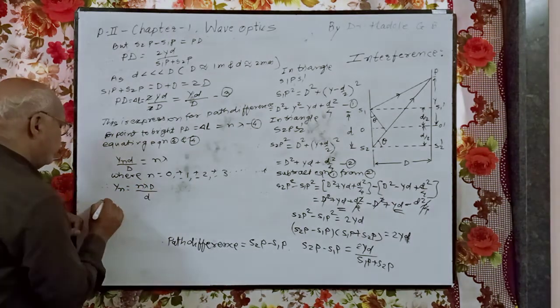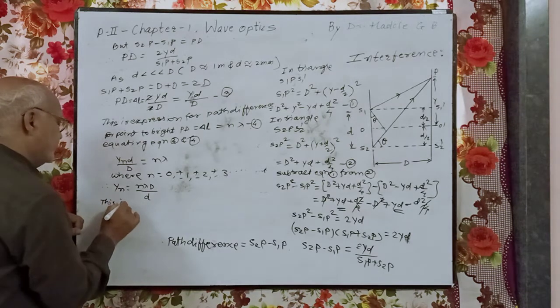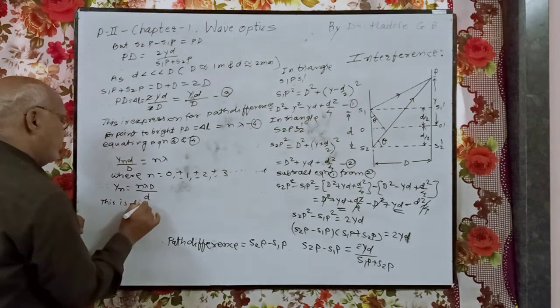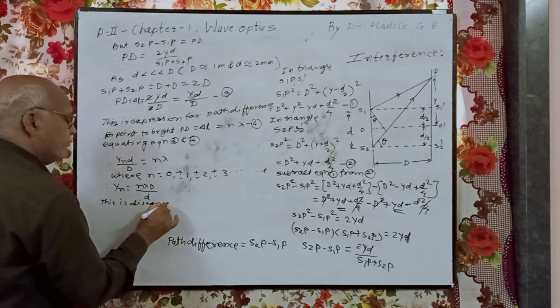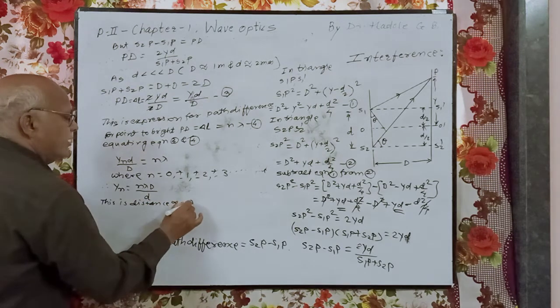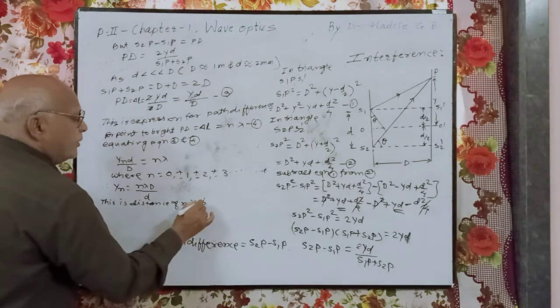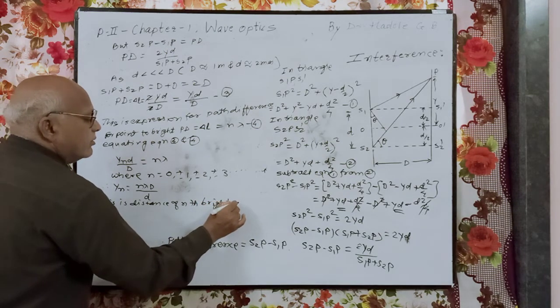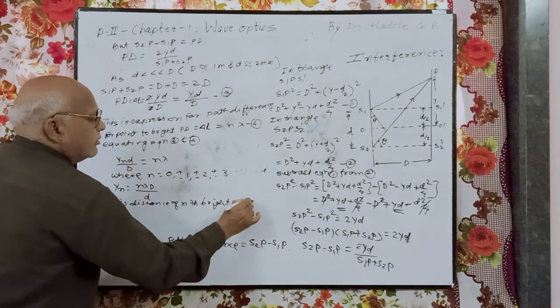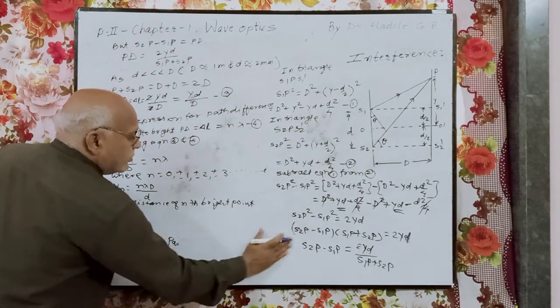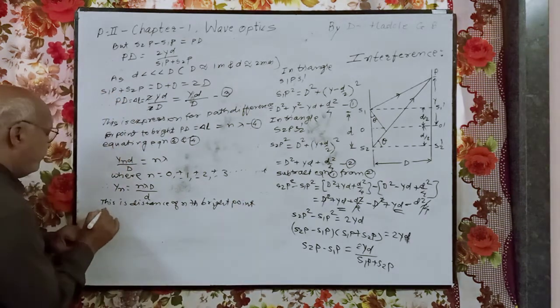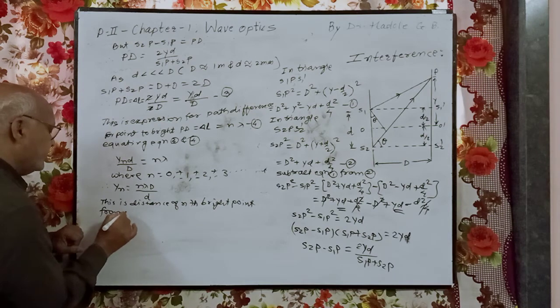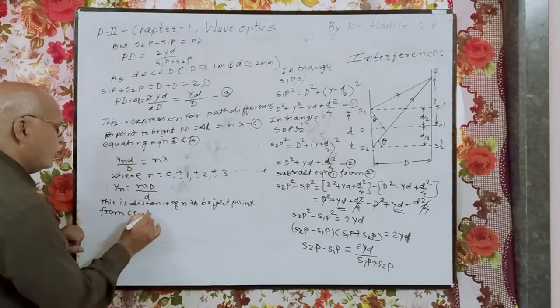This is the distance of the nth bright point from the central bright point.